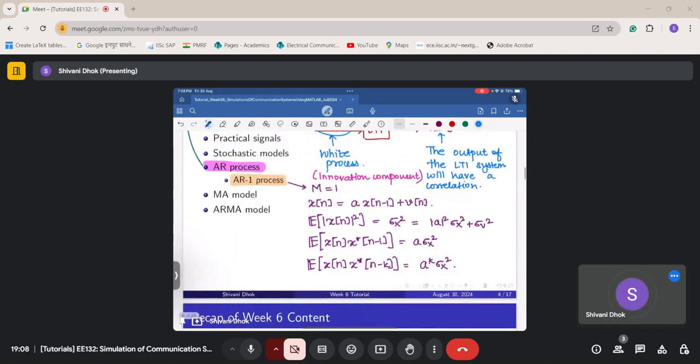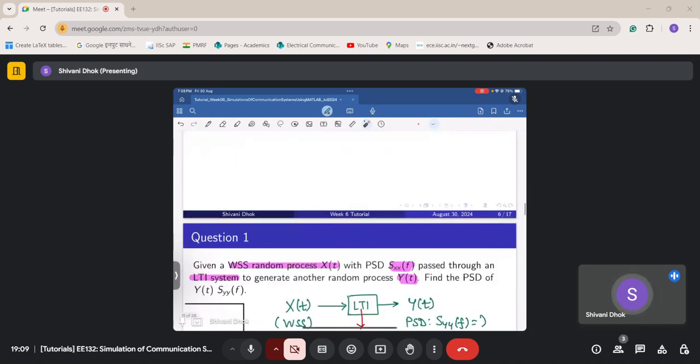So we had found for an autoregressive process this particular relation, that is variance of x is equal to magnitude a square sigma x square plus variance of noise. Let us directly use that.